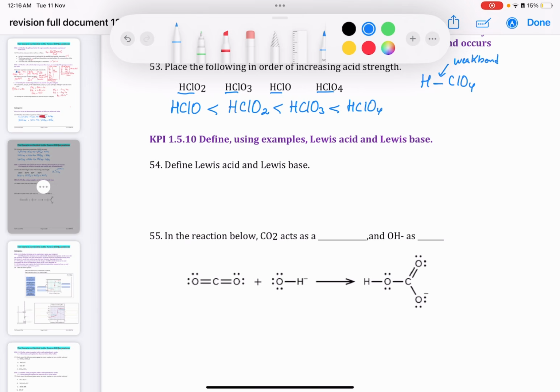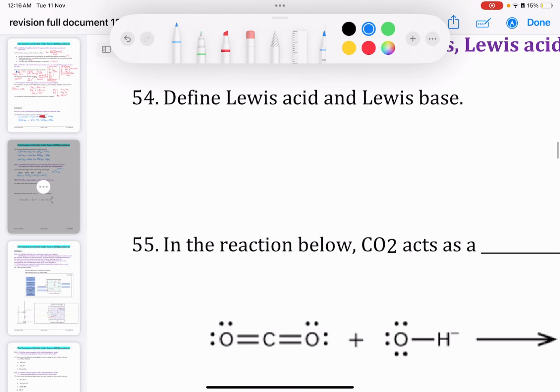Define Lewis acid and base. Here in Lewis we talk about electron pair acceptor and electron pair donor. So a Lewis acid is an electron pair acceptor.